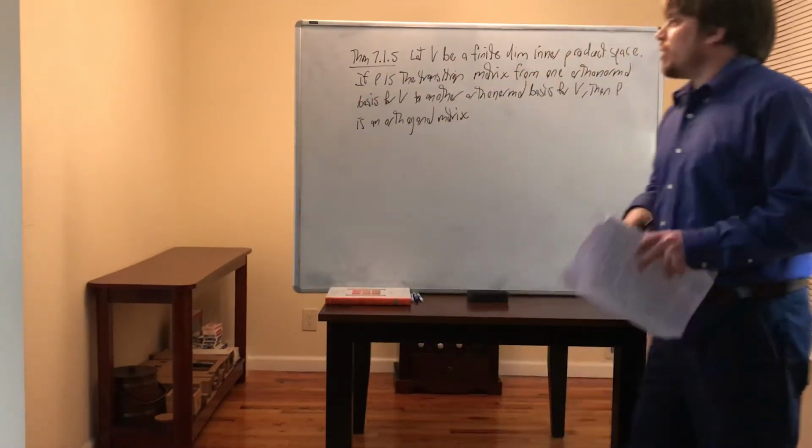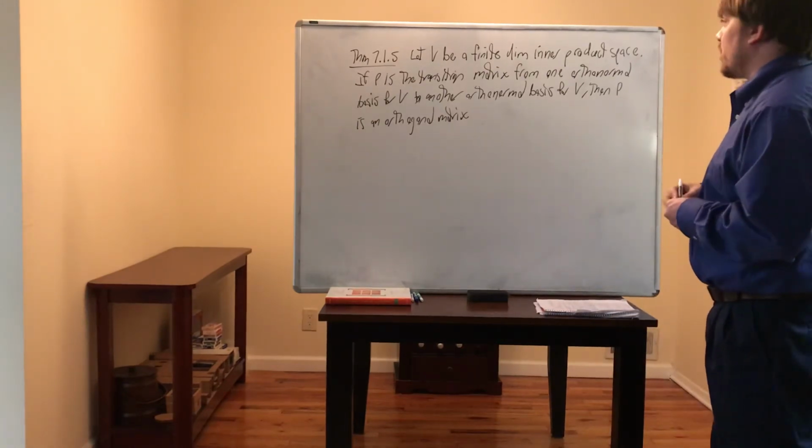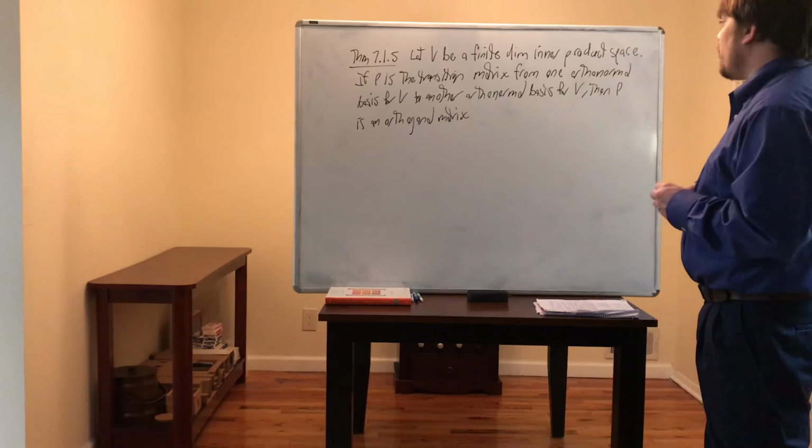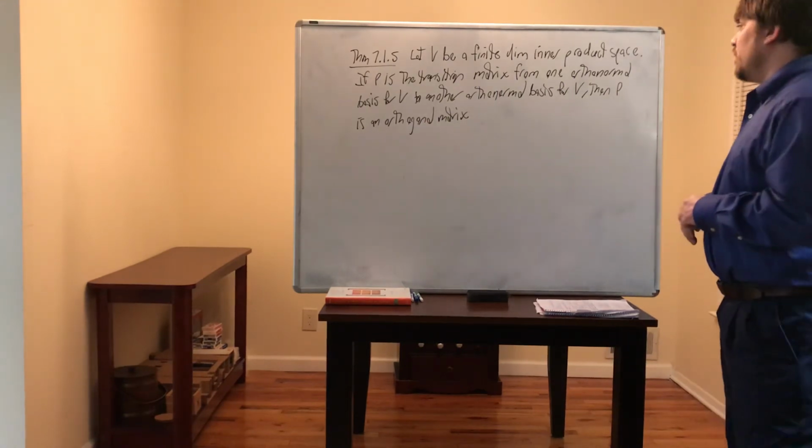Okay, so theorem 7.1.5. Let V be a finite dimensional inner product space. If P is a transition matrix from one orthonormal basis for V to another orthonormal basis for V, then P is an orthogonal matrix.